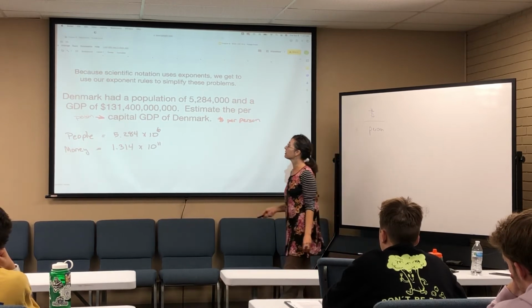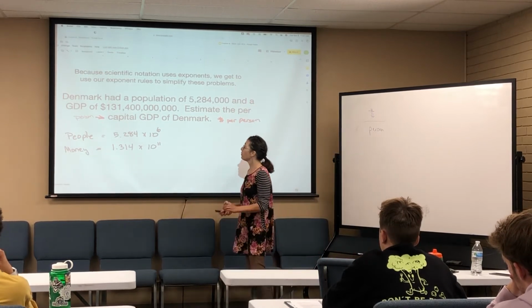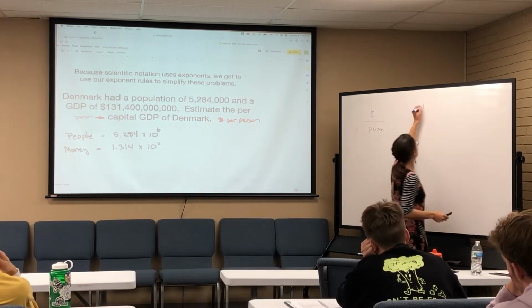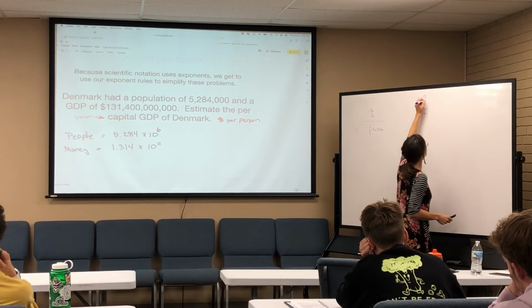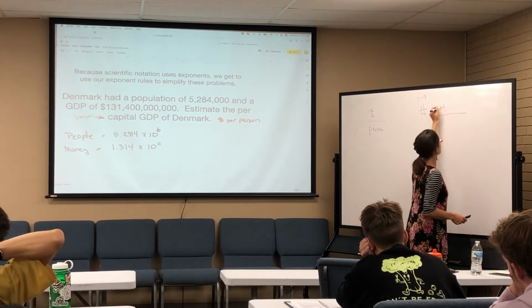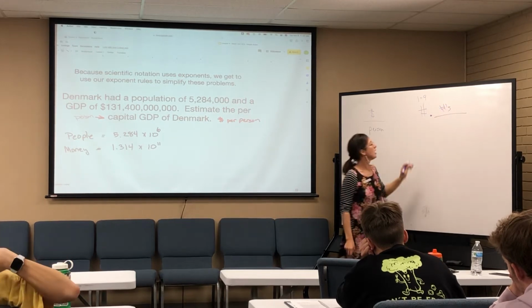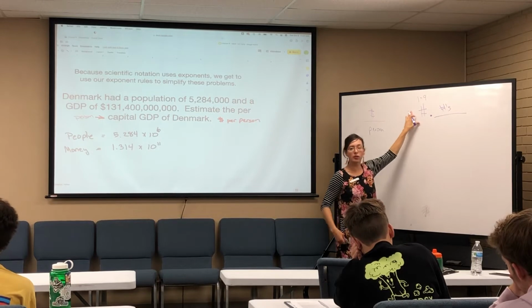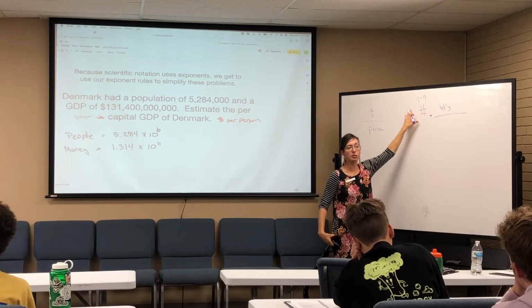Let's do a quick scientific notation. When we have scientific notation, it always has to be a number between 1 and 9, a period, and other numbers, okay? Your first number must be a real number between 1 and 9.